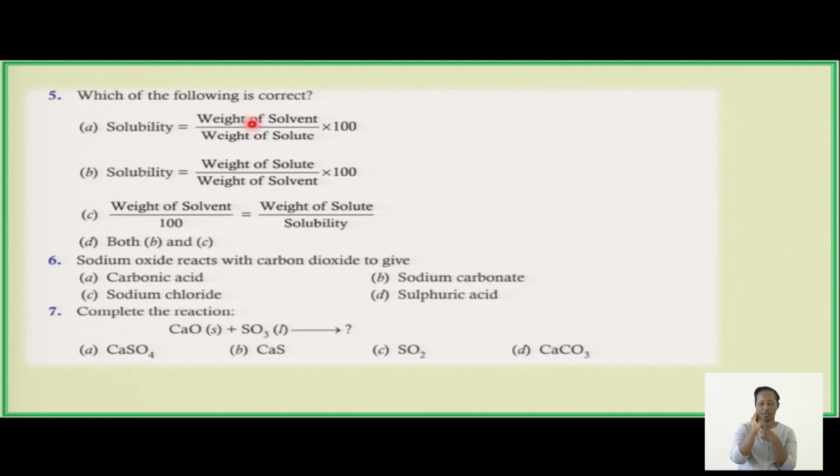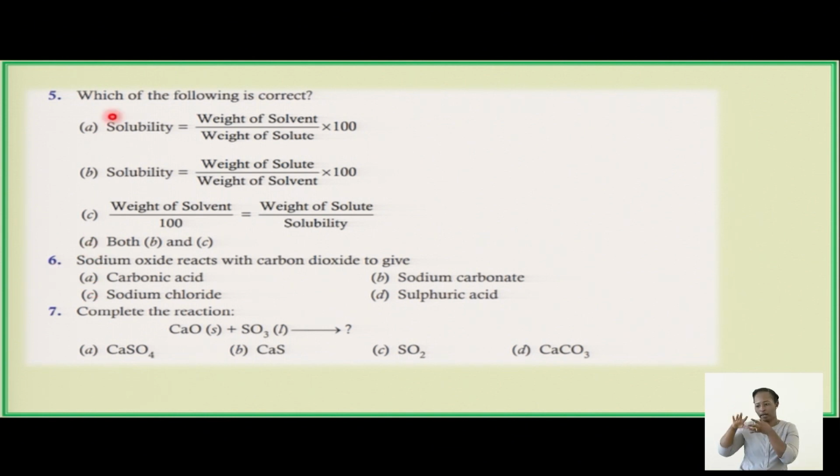A, solubility equals weight of solvent over weight of solute times 100, and B, solubility equals the weight of solute over weight of solvent times 100, or C, weight of solvent over 100 equals weight of solute over solubility, and D, both B and C. You will choose the right answer, which is correct in the statements or in the formula we have here.